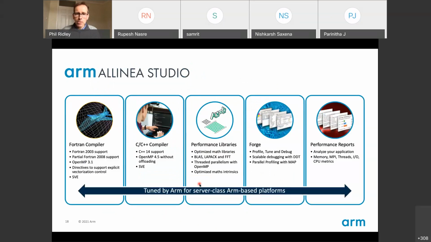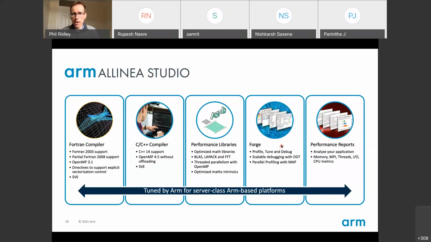In terms of commercial offerings, we have what we call the ARM Linear Studio. Now, this is a bit of a confusing title because it covers compilers, maths libraries, and basically profiling and debugging.